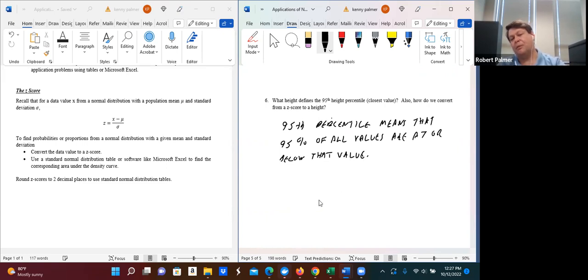Okay, so we draw a picture. And once again, we're assuming a normal distribution. We're still talking about the height distribution.